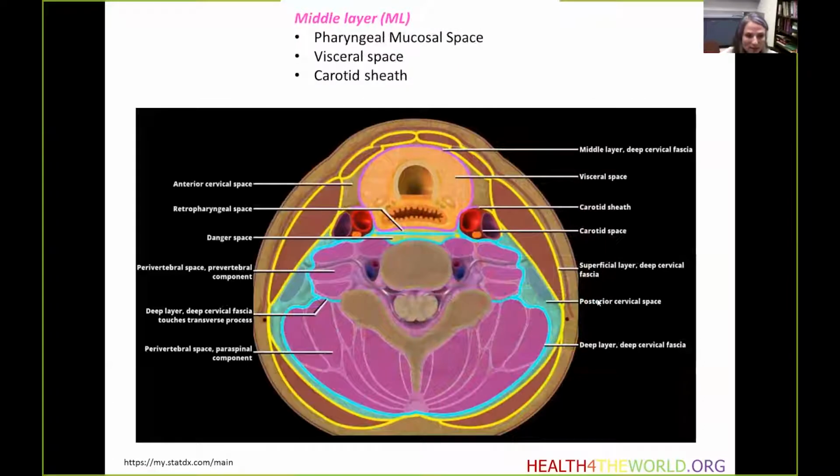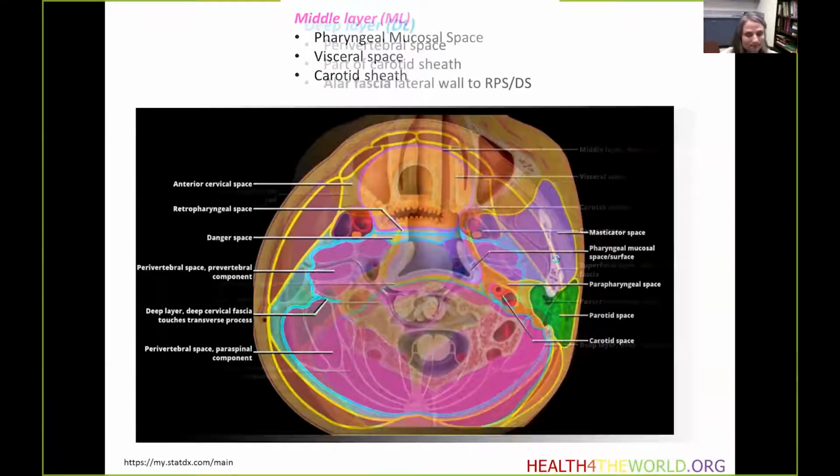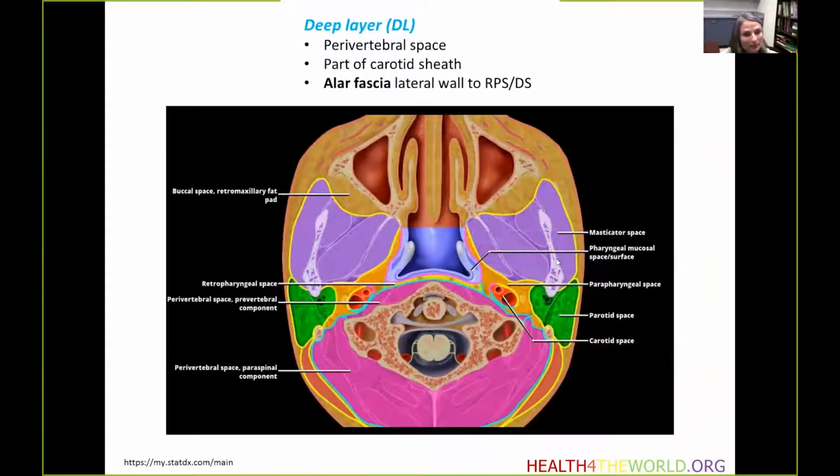And lower down in the infrahyoid neck, you will see that it outlines the visceral space. The deep layer of deep cervical fascia encapsulates several spaces, including the perivertebral, carotid, retropharyngeal, and danger spaces.